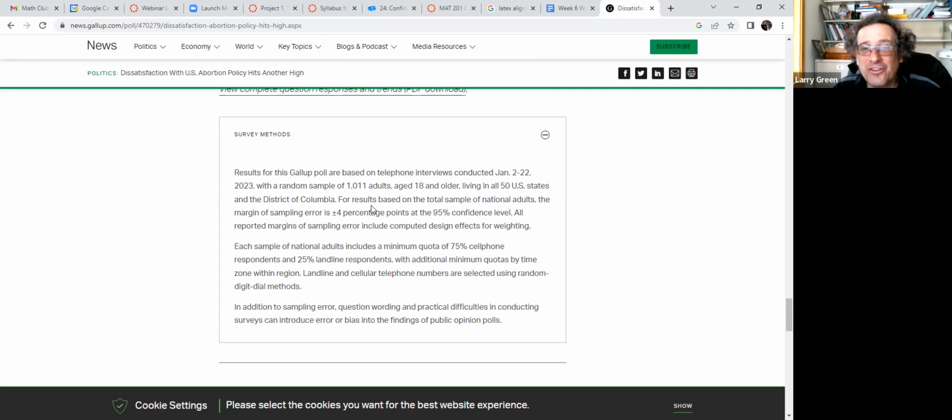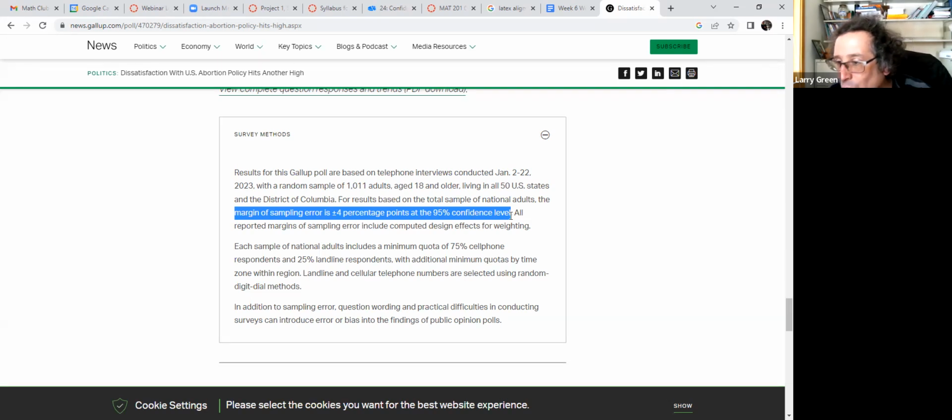For results based on the total sample of national adults, the margin of sampling error is plus or minus 4 percentage points with a confidence level of 95%. So we could say with 95% confidence, the population proportion, it's a yes/no survey question, right? Are you satisfied with the government's handling of abortion policy?